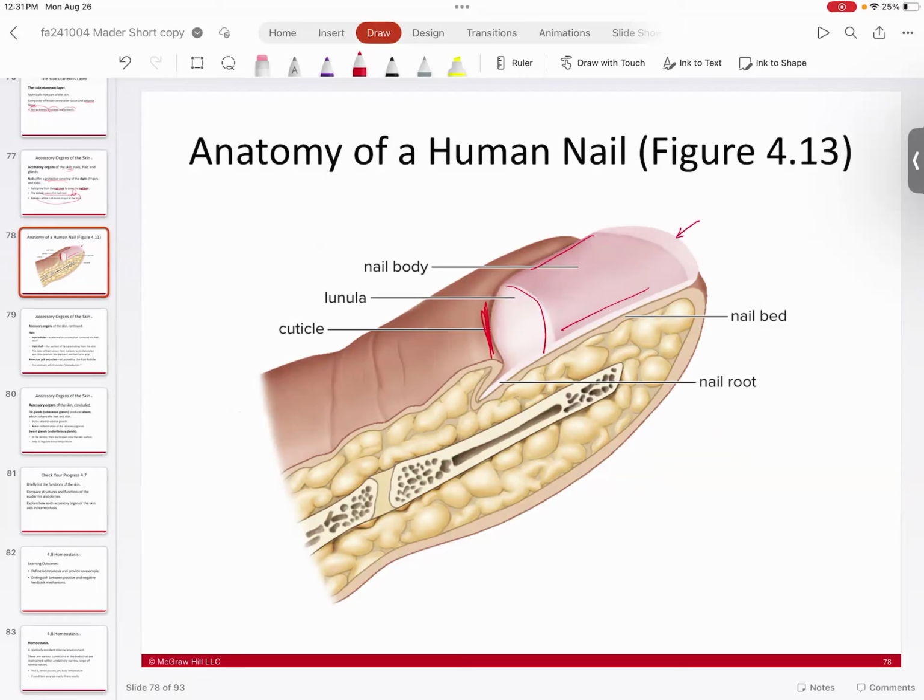Now, underneath, if you were to take a cross section of your finger, you would see that your nail is growing out, very similar to your skin. So this layering right here that we see is very similar to how the epidermal cells grow.